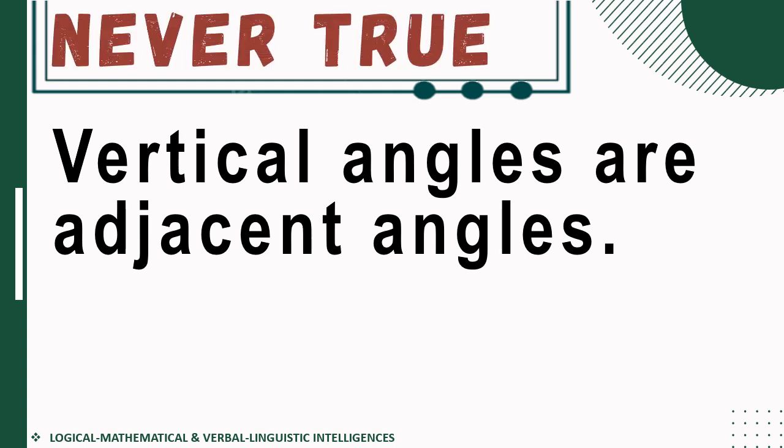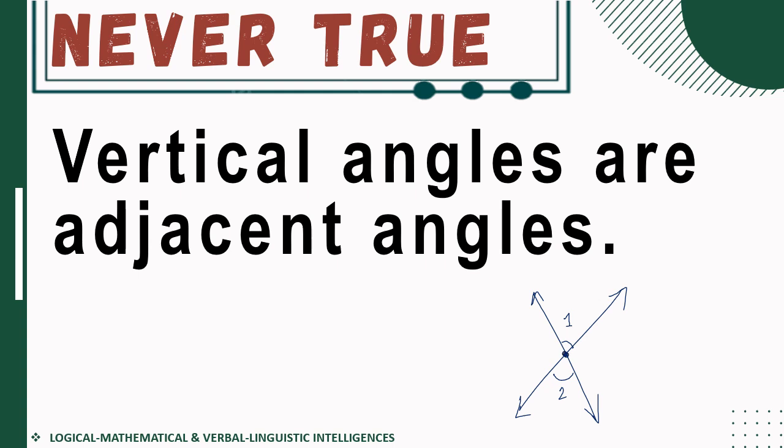Next, vertical angles are adjacent angles. This is never true. By definition, vertical angles are non-adjacent angles, because, again, if this is our vertical angle, they are not adjacent. They will never be adjacent by definition. Alright? Okay, so if we go back to the definition of adjacent angle, there should be a common vertex.